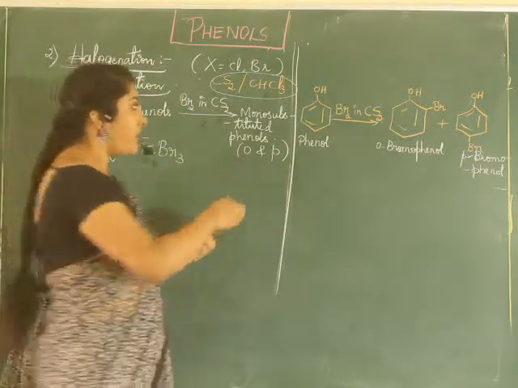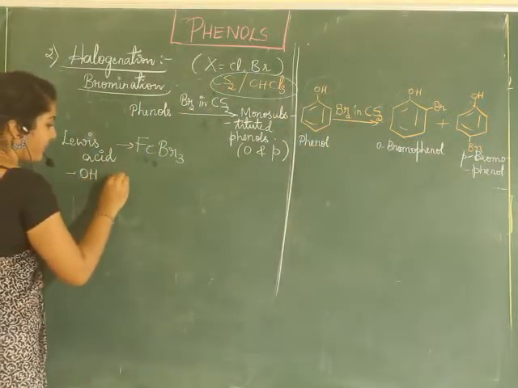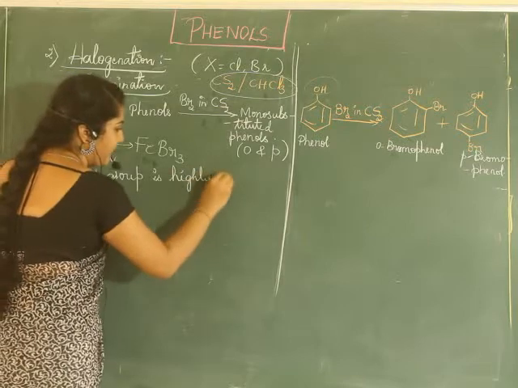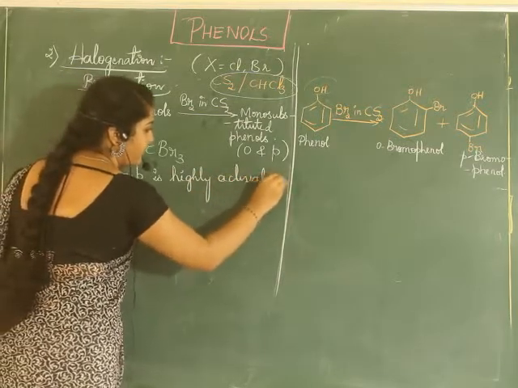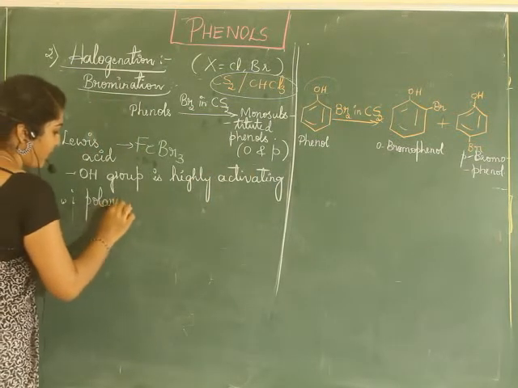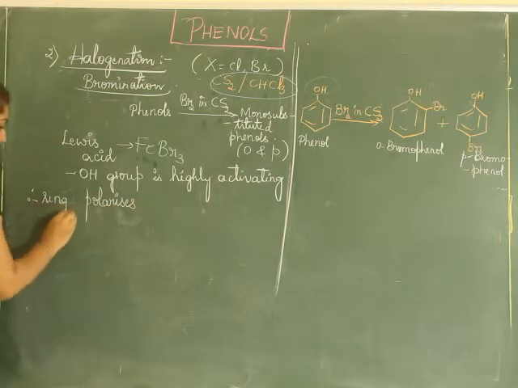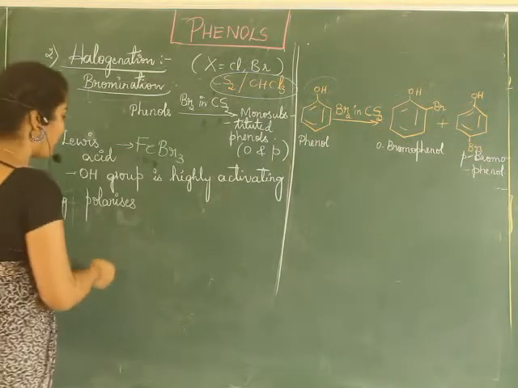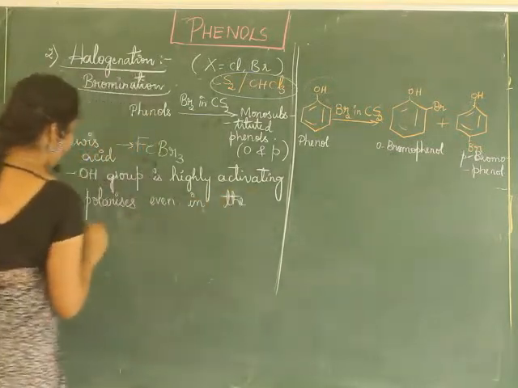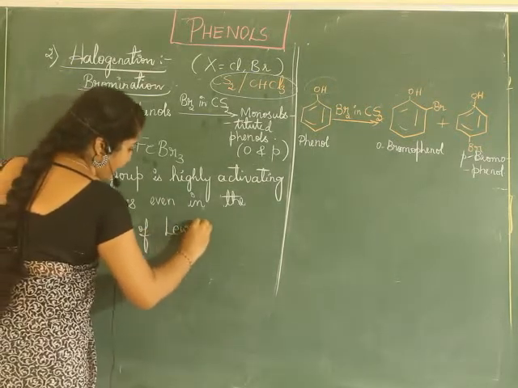But in this case, we have not taken a Lewis acid, because of the presence of the OH group. The OH group is highly activating. Therefore, the ring gets polarized even in the absence of a Lewis acid.